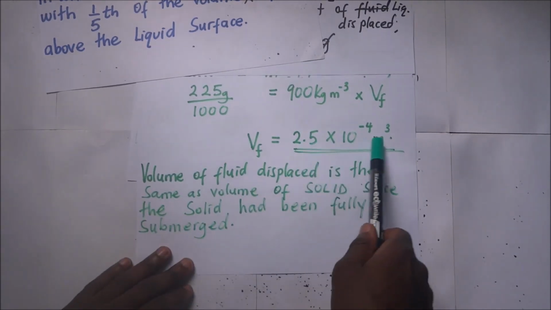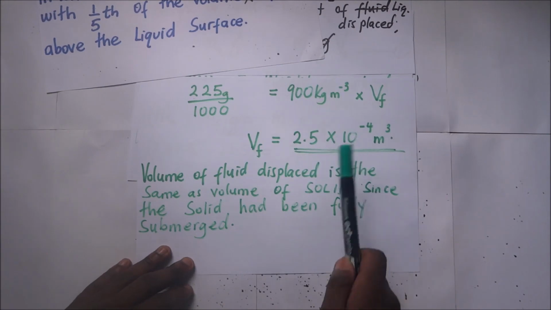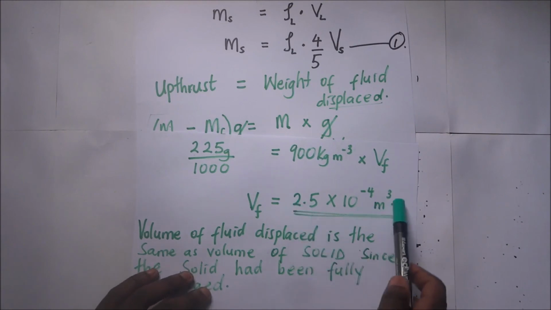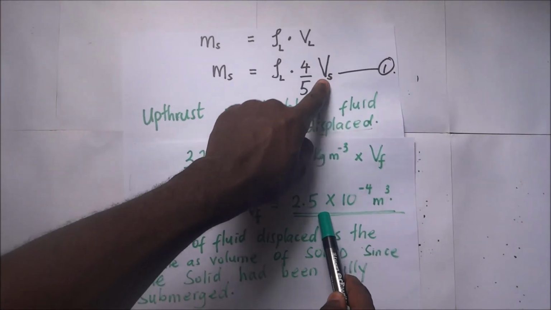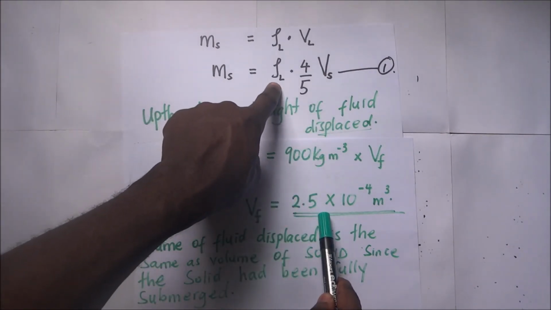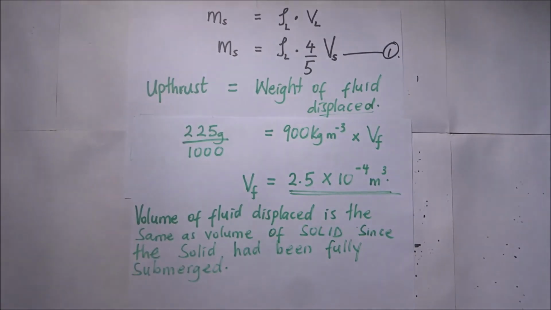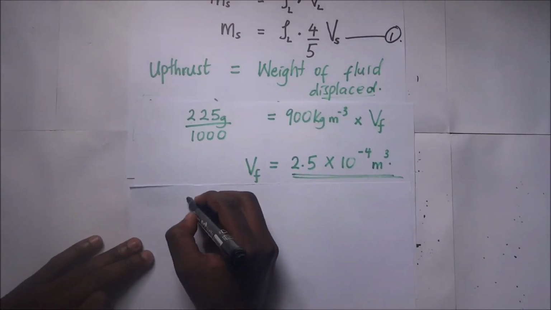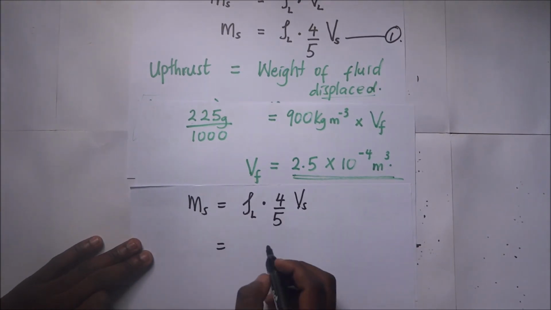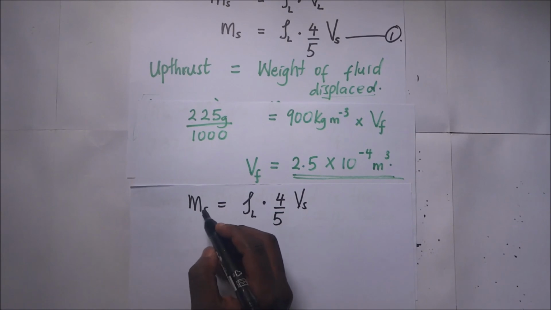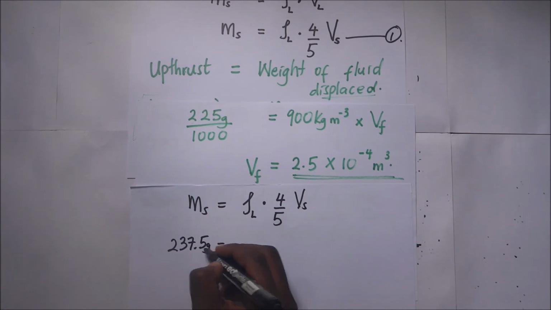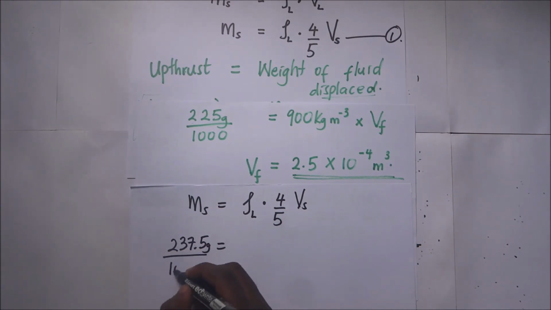So now that we've got the volume of the solid, we go back to our original expression. It means that we are going to place the volume right there where we had stopped last time. For us, we're interested in finding the density of the liquid, so to get back to this expression, if I may rewrite it, the mass of the solid is going to be equal to the density of the liquid. The mass of the solid in this case is 237.5 grams, but convert that to kilograms by dividing by 1,000.